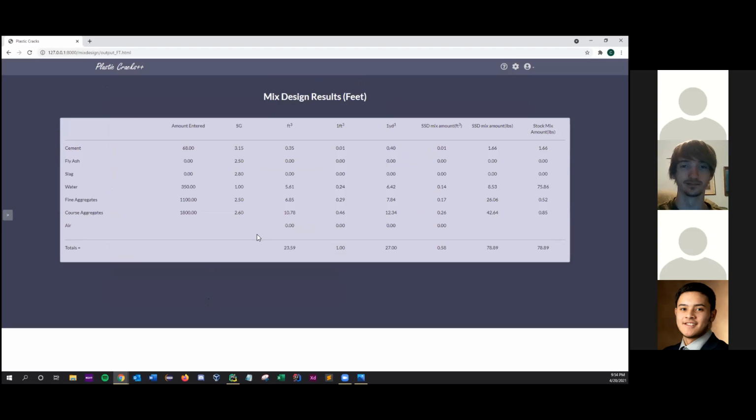And then as you can see from the output, the cubic feet are generated along with the SSD mix amount in feet and also the SSD mix amount in pounds. And also, as you can see, you'll have the totals on the bottom as well. And so next we'll move on to our finalizations.